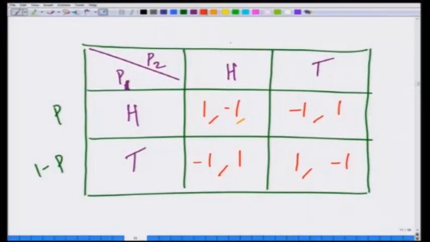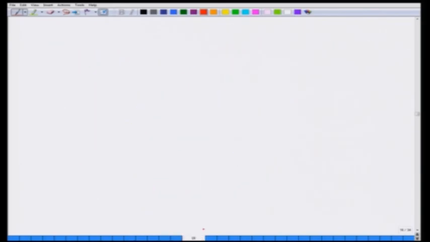Now let us similarly find the mixture for player 2. Let us assume player 2 is choosing heads with probability q and tails with probability 1 minus q, where again q is a probability, therefore we have 0 less than or equal to q less than or equal to 1.